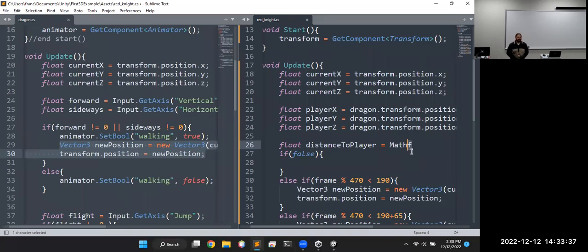For those who have only seen Python before this class, Python kind of spoils people because there's only one math. Usually we have multiple math libraries, and we want to pick and choose between them. But we're working with floating point data, so we want Mathf.